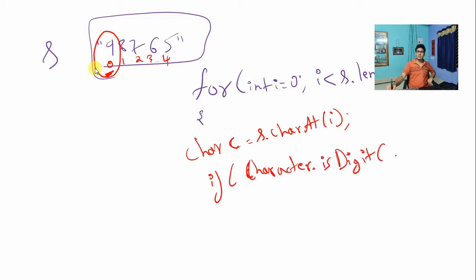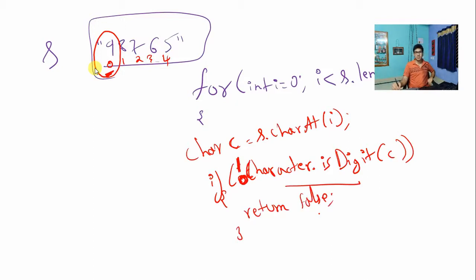If it is a digit, then don't do anything. But if it is not a digit, I hope you know the not symbol, right? Yes, if it is not a digit, then I have to return false.